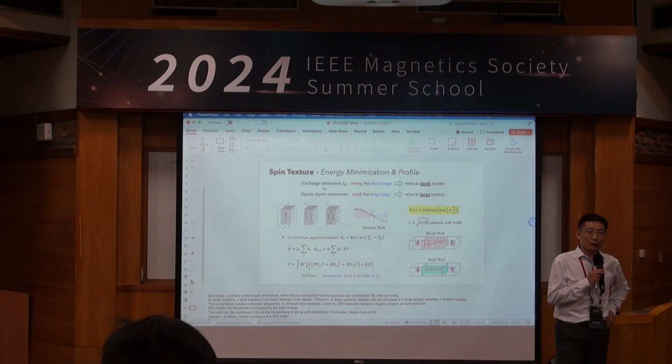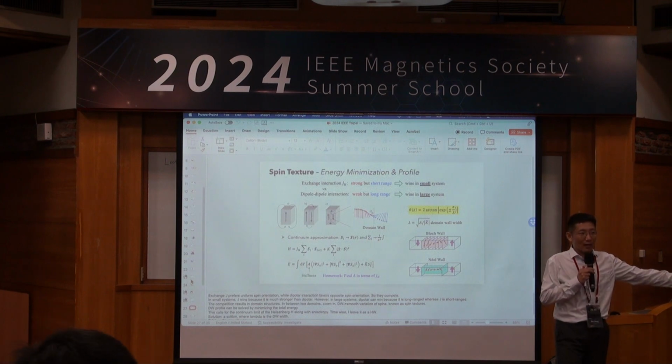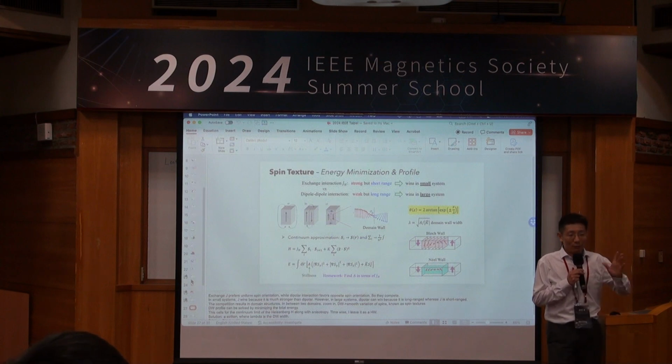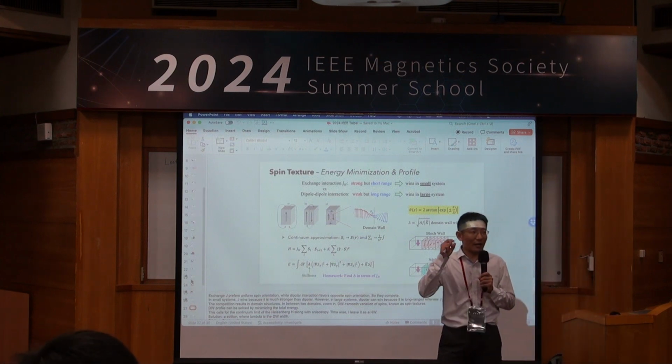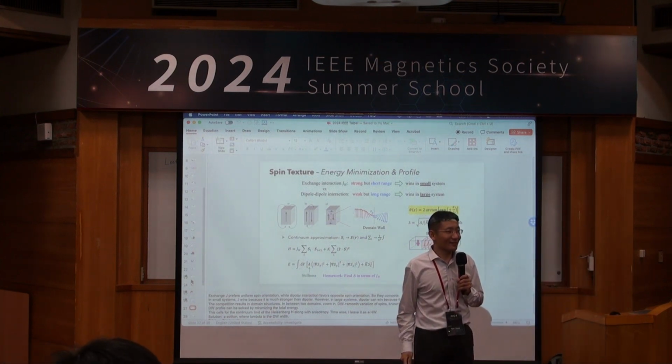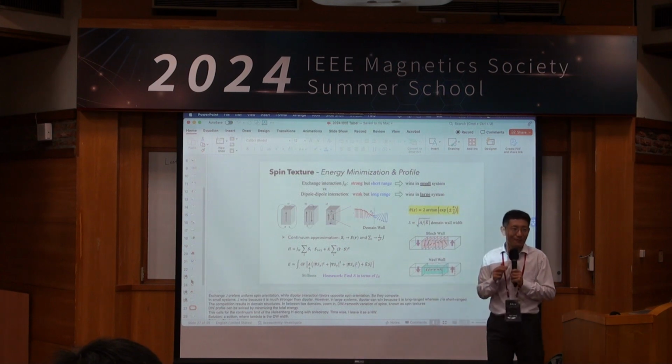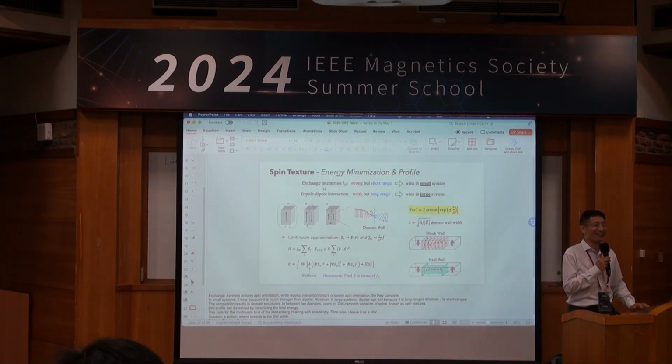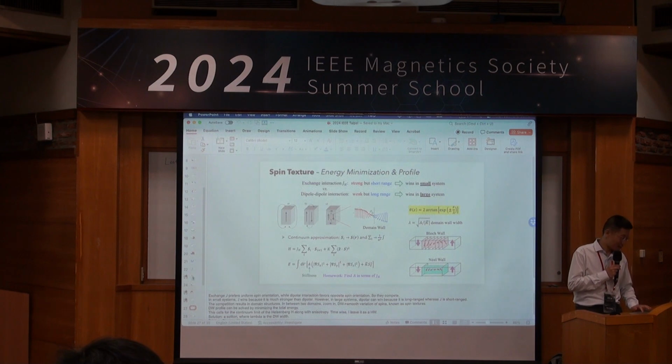So if you consider a large size of material, then in the long range, it is the dipolar interaction, the weak one, that will dominate, under which the material will break up into multiple domains. I just jumped through different sections of my talk.